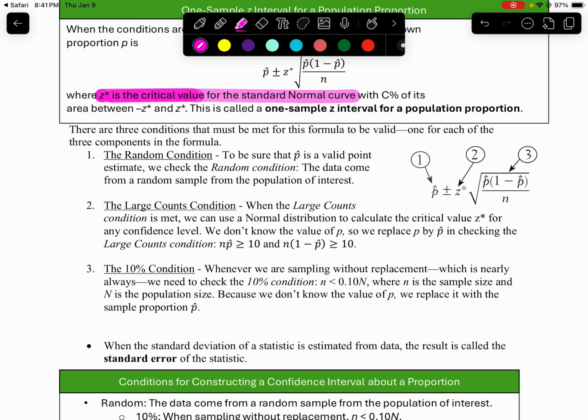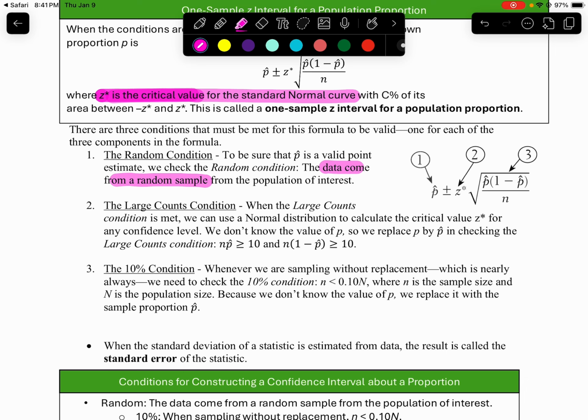We need to make sure that the data comes from a random sample of the population of interest. To me, that only makes sense, because we don't need it to be of some other population that has nothing to do with what we're talking about. So mostly you want to just look in the problem: does it say it's a random sample?